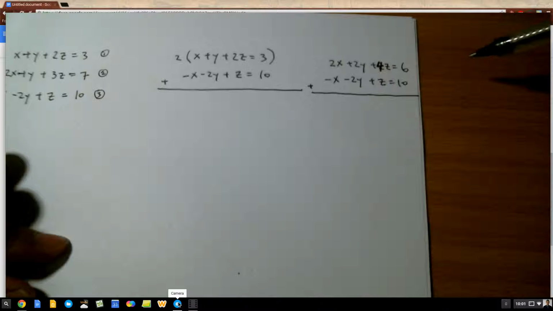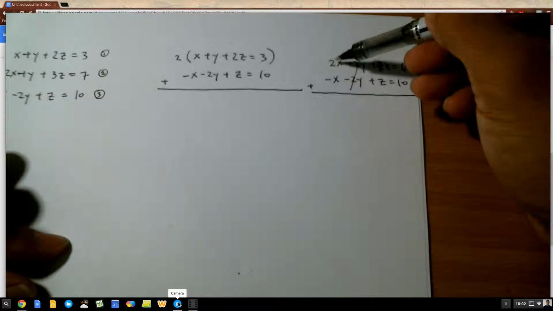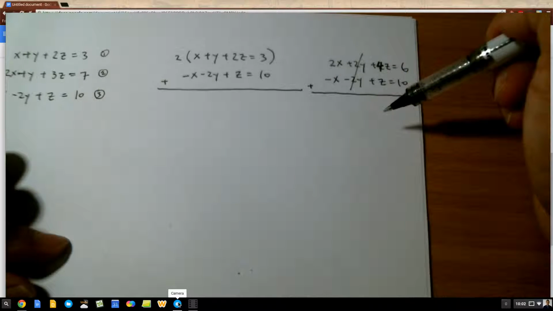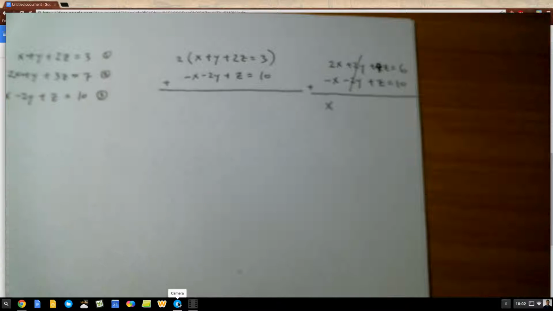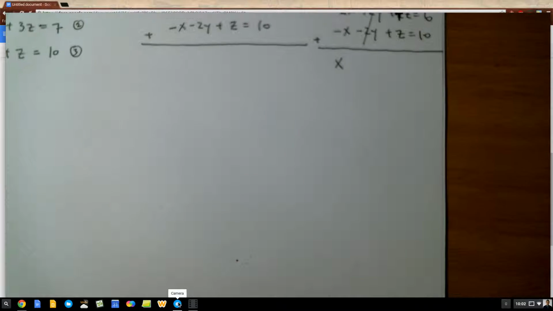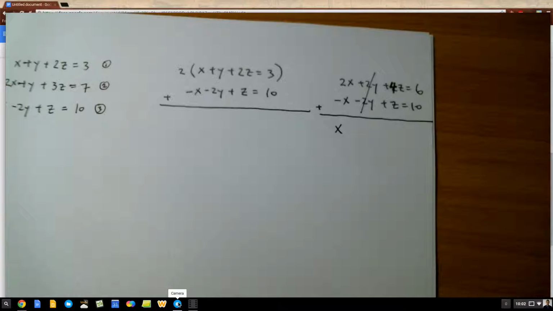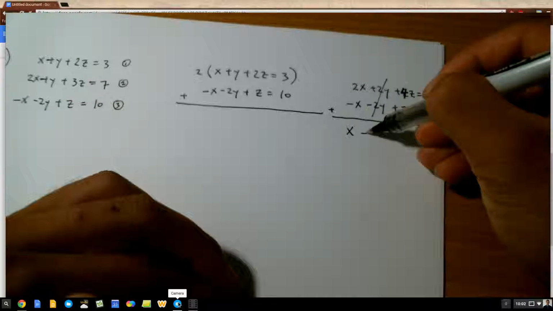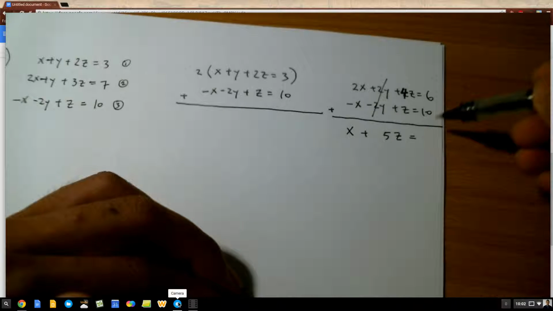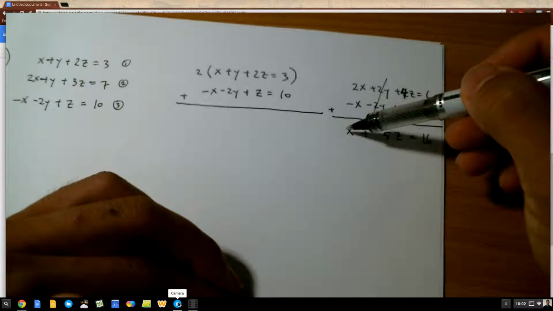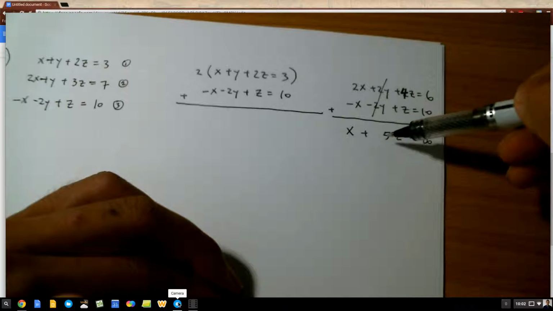And if I add them together, the y's cancel. What is 2x minus x? That's just x. What is 4z plus z? That's plus 5z. And 6 plus 10 is 16. So we got our first equation with the y gone.